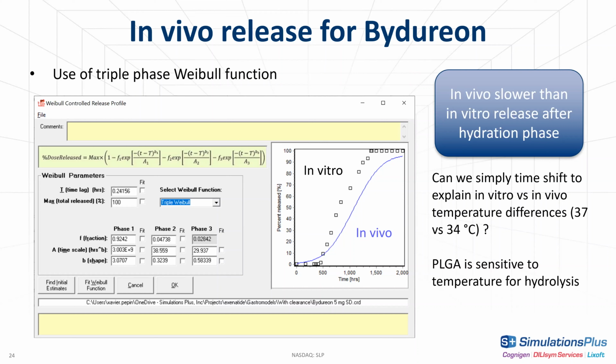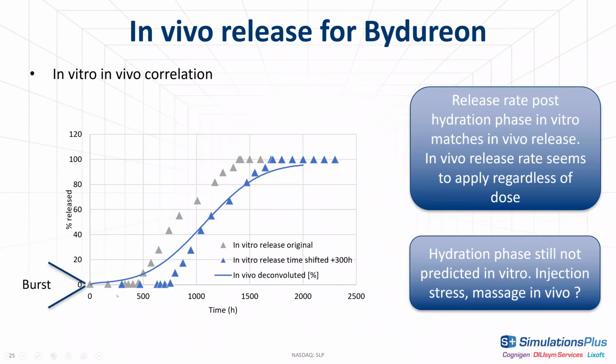And if you time shift the in vitro release profile by 300 hours, for example, you can still see the mismatch initially, with the absence of in vitro release, whereas in vivo you have some drug appearing in the systemic circulation. But later on, during the release period, the agreement between the rate of release in vitro and the rate of release in vivo is correct.